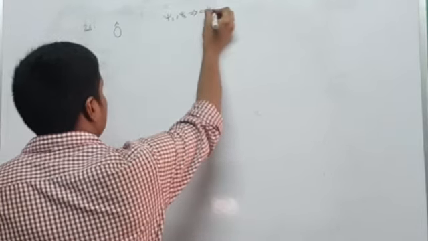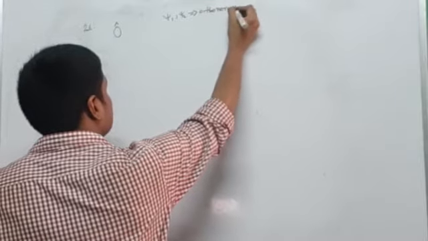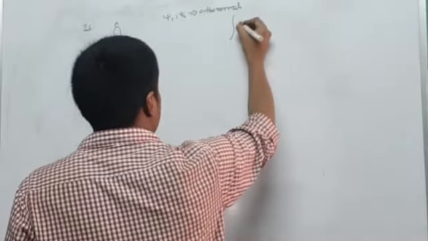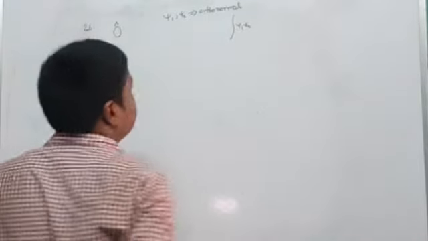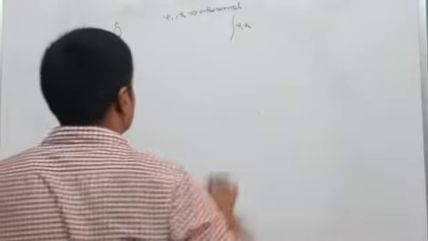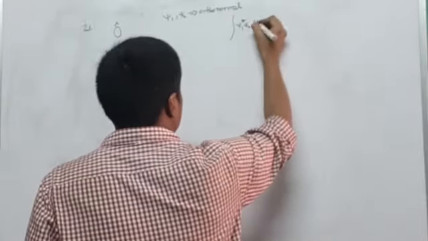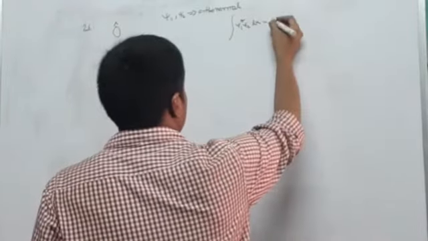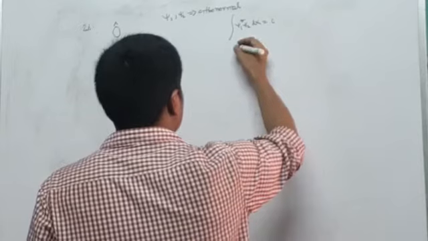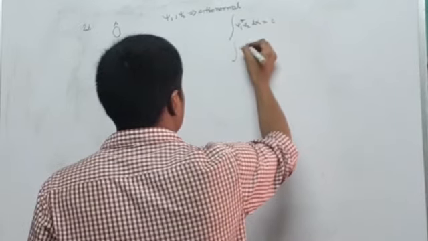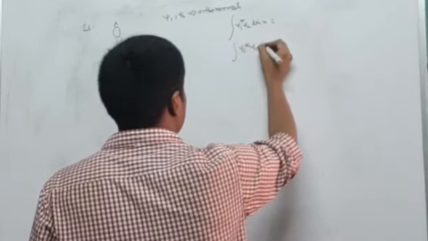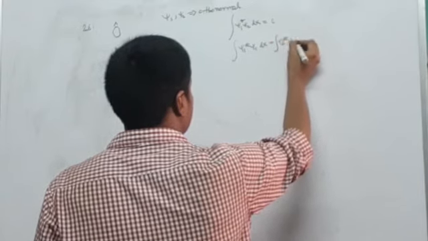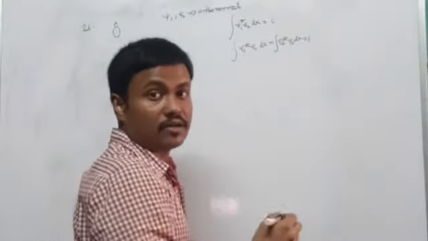They are orthonormal, which should mean the integral of psi 1 star psi 2 dx should be 0, and the integral of psi 1 star psi 1 dx equals the integral of psi 2 star psi 2 dx equals 1.